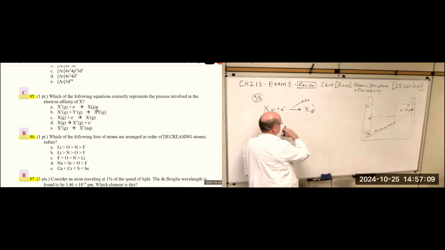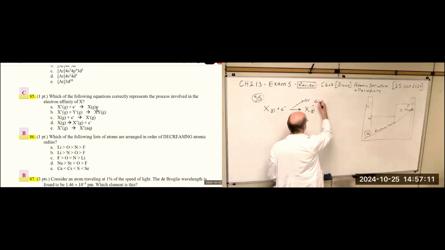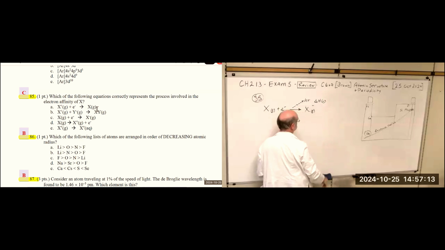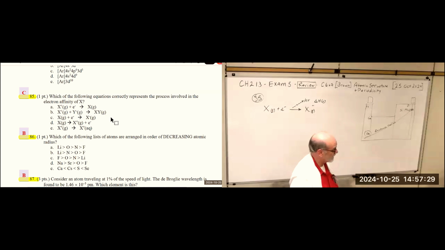So this energy value is going to be probably a delta H, and it's going to be negative. So the larger, that sounds contradictory, the larger negative number, the larger value with a negative sign is the stronger attractant for electrons, the highest affinity. And in our chart, that would be fluorine. Okay, so to answer the question, that's C.